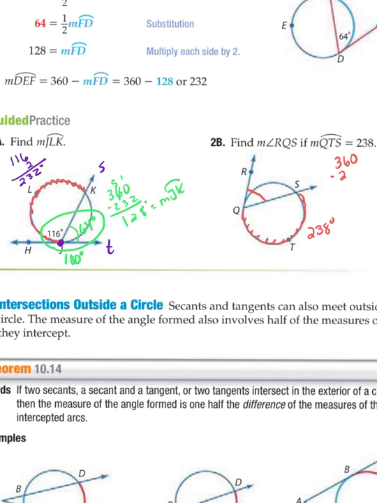So let's subtract that 238 degrees. 122 degrees are left in arc QS. If my arc is 122 degrees, then I take half of my arc to get the angle. So half of 122 is 61 degrees.